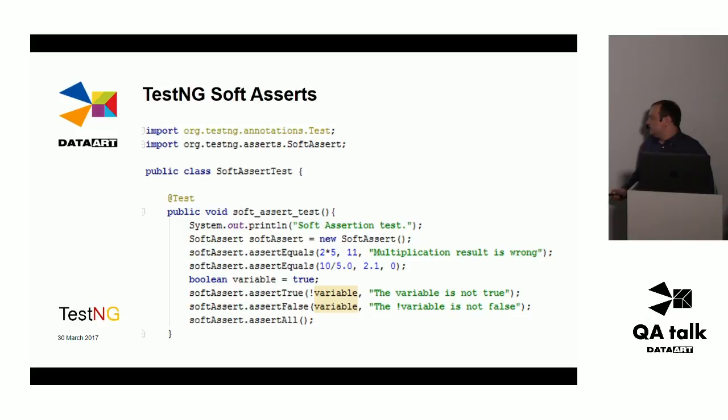And here you will have the result. So in JUnit 4, there was no such feature. In JUnit 5, they have a feature that maybe looks like this, but the main difference between TestNG and JUnit is that in JUnit 5 you have to put all these asserts together in one brackets.